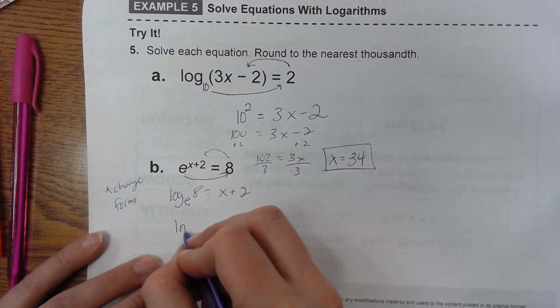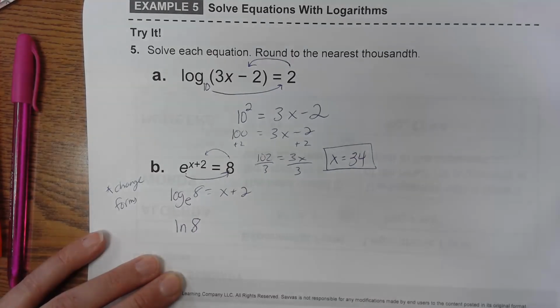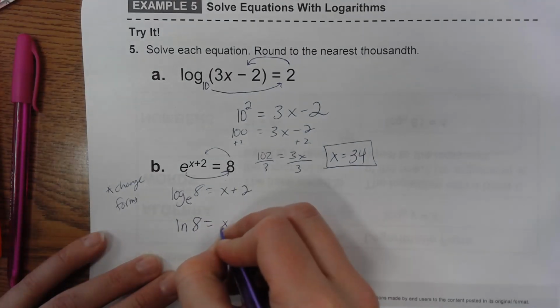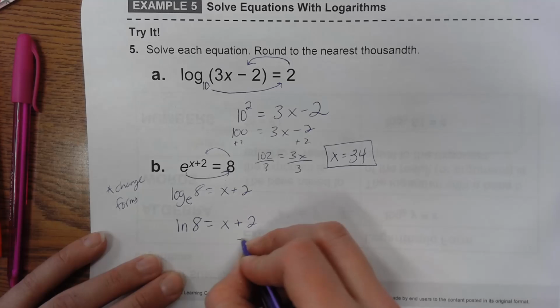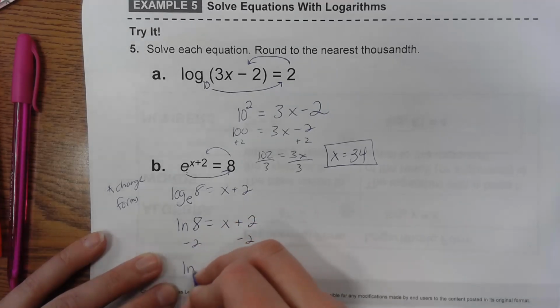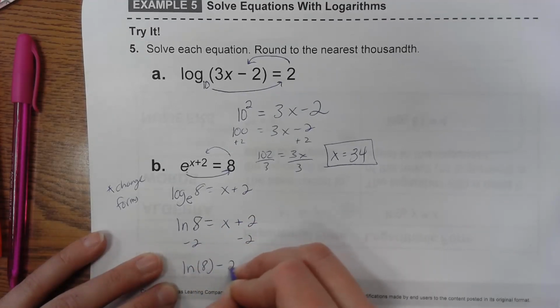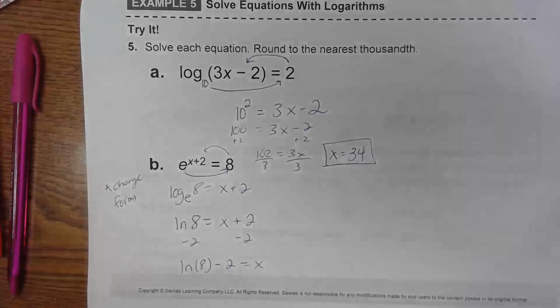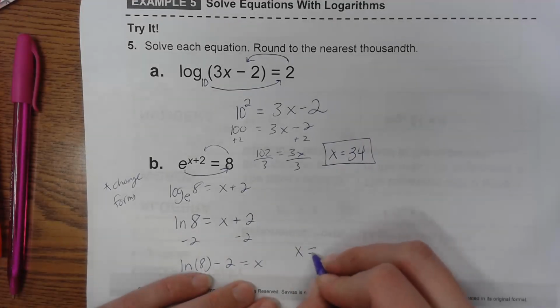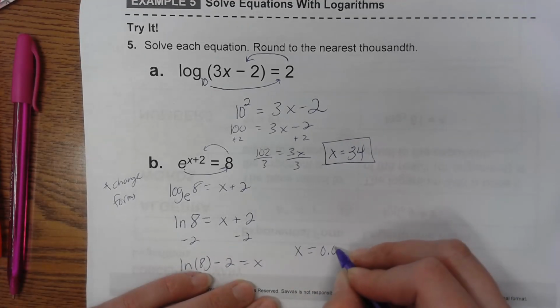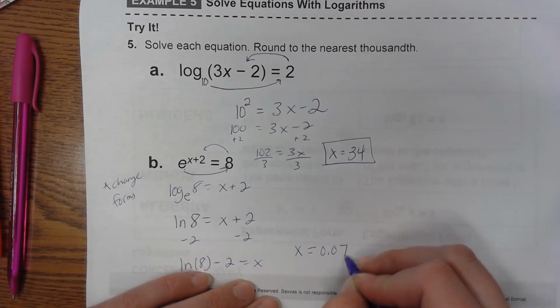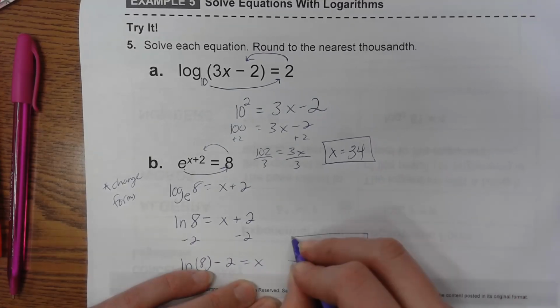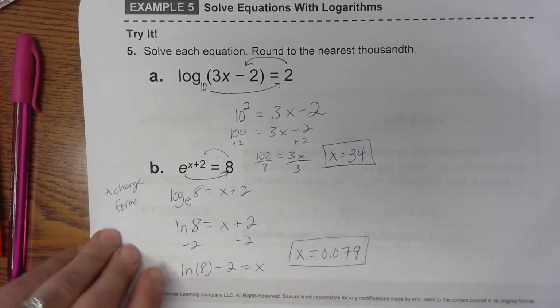That is really just the natural log of 8. Then I have x plus 2, so I'm just going to subtract 2. When you type it in, make sure you close your parenthesis, and you should get x to be about 0.079, keeping it rounded to the nearest thousandth.